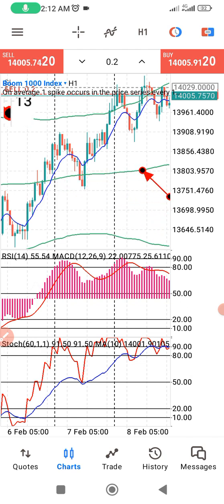This is for trend continuation, and this is for a possible price reversal.